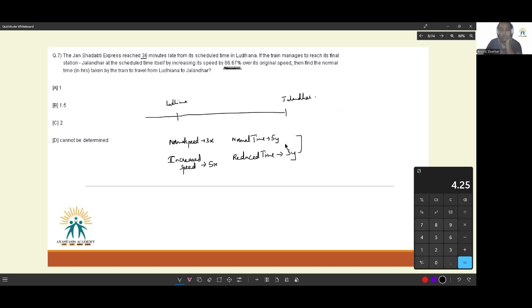So the reduction in time is equivalent to 36 minutes, or 2y is equal to 36, or y is equal to 18 minutes, or normal time is 90 minutes. Reduced time is 54 minutes. Then find the normal time in hours taken by the train to travel from Ludhiana to Jalandhar. 90 minutes in hours is 1.5 hours. So option B is right.